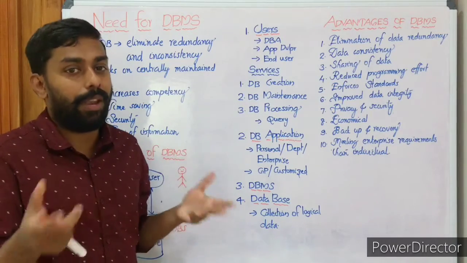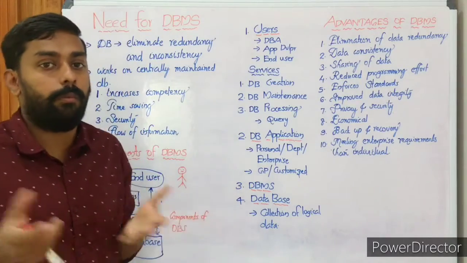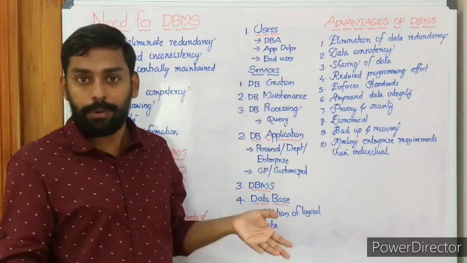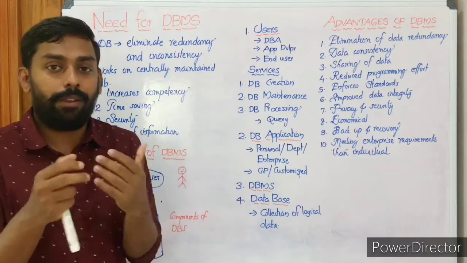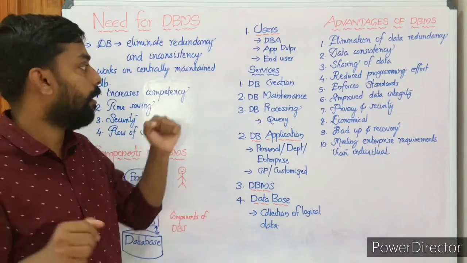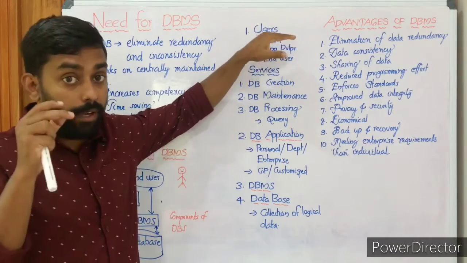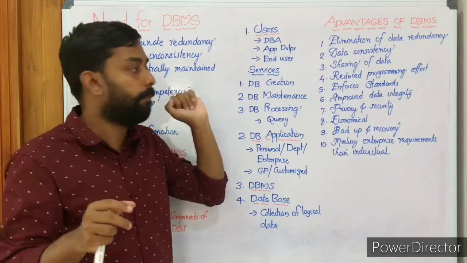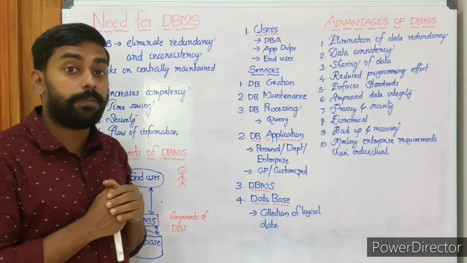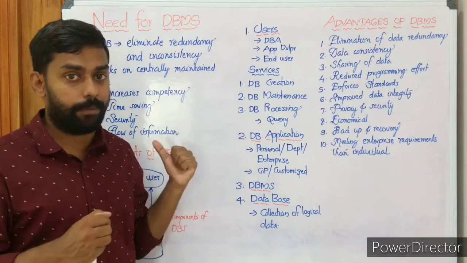At present we are end users, and at the time of developing programs you will change your status to application developer, and after joining a company and having years of experience, you can become a database administrator. So these are the different types of users: database administrator, application programmer or application developer, and finally end users. Then the different types of services provided by the database management system or database system.